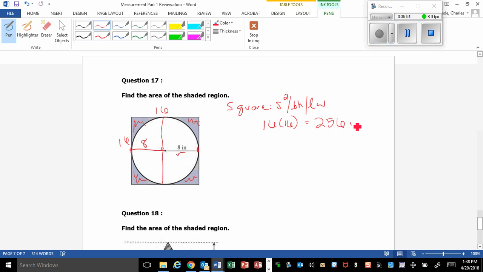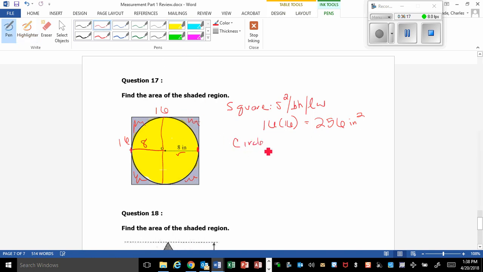So that's the area, inches squared, of the whole square. But remember, we are taking this part out, so we want to subtract that out. We've got to find that area to be able to subtract it out.